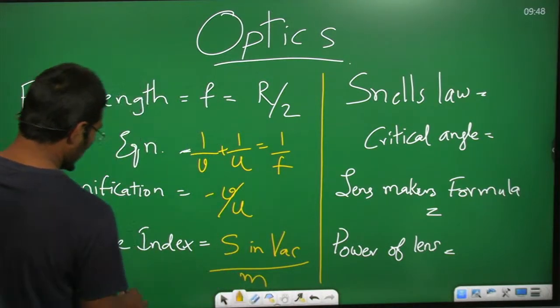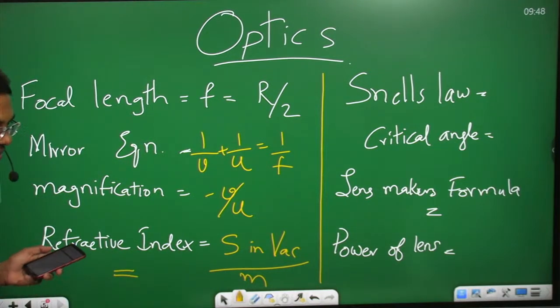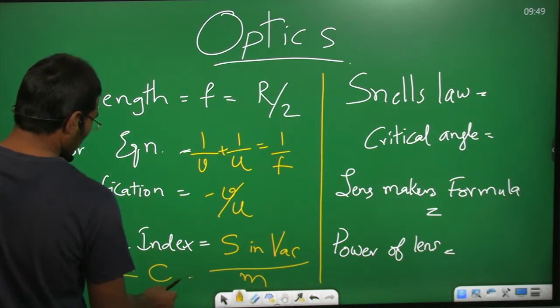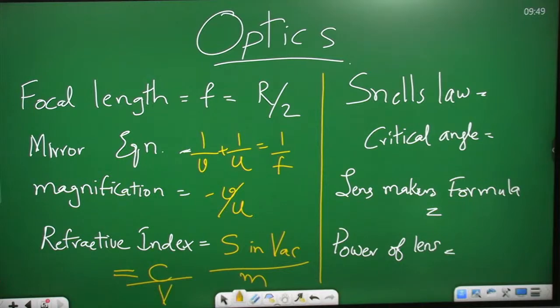What is speed of light in vacuum? How do you represent it? Represented by c. So velocity in any medium is given as v, and the refractive index is c by v. That's how you need to represent it.